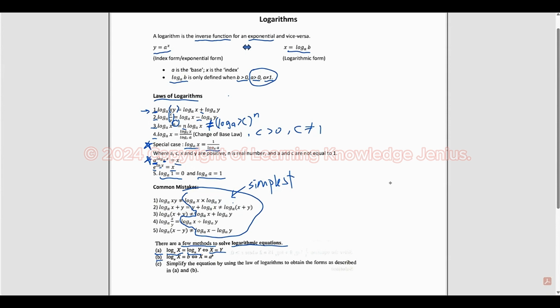The second method is log a x equal to b. The right-hand side is not in logarithm form, so you can convert to the exponential form, and you become x equal to a to the power b. So there are these two general types of logarithm equation. You will just simplify them and eventually get what you want. So these are the logarithm basics.